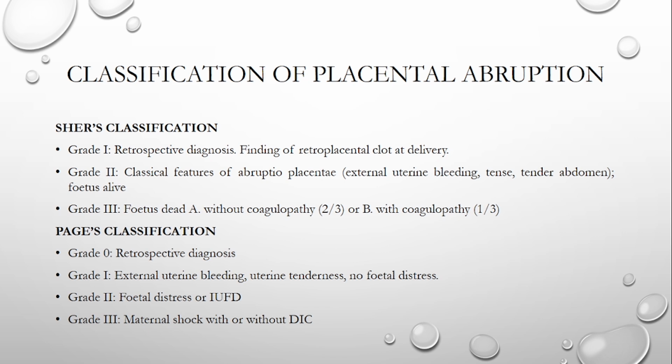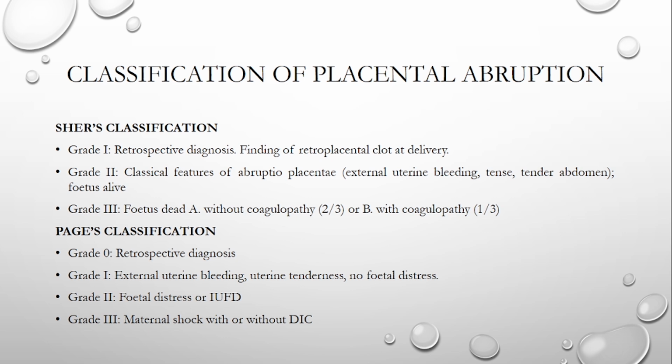At delivery of the baby, you find a retroplacental clot at the bed of the placenta. The diagnosis is made after delivery, just by the finding of a retroplacental clot around the placenta.